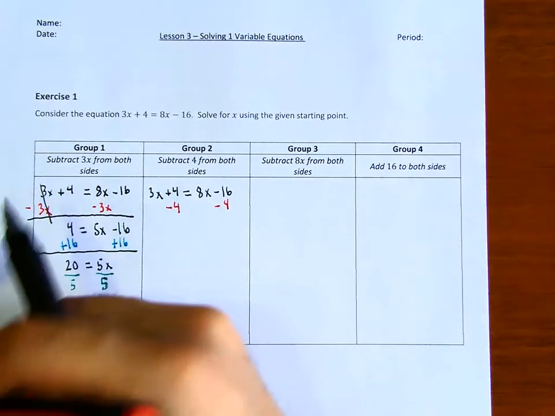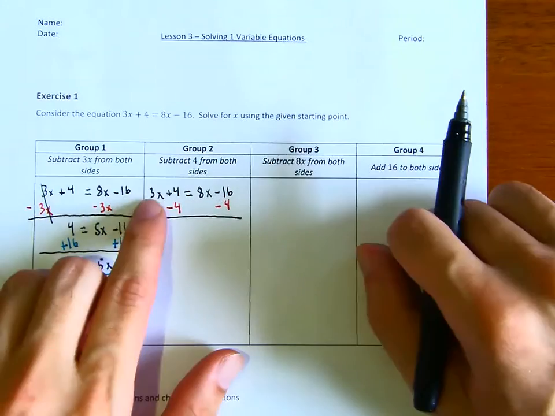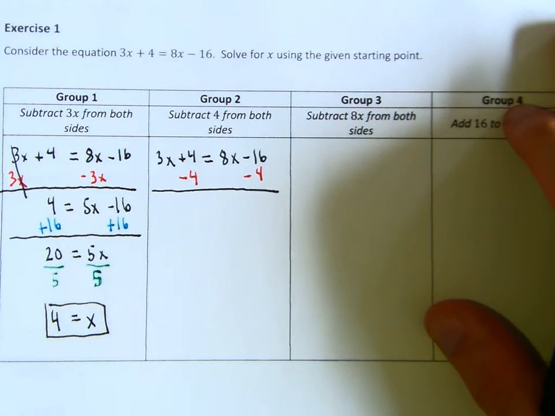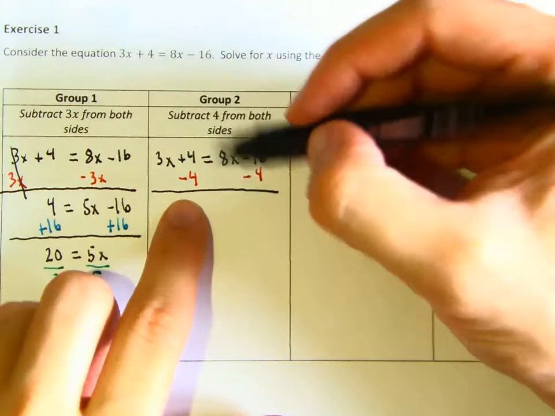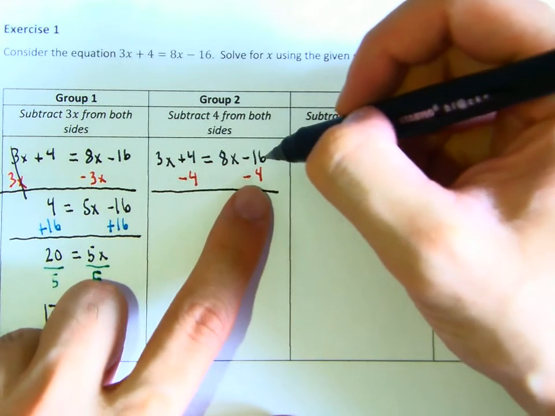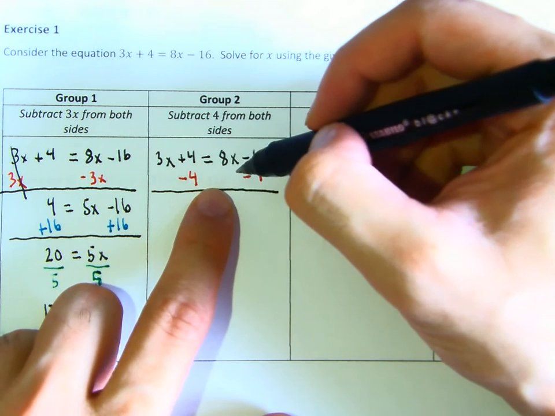Notice when we subtract 4 on both sides, I'm consistent. Let me zoom in a little bit more. I put the negative 4 under the constant, under this 16 that has no variable. I wouldn't put the minus 4 under the 8x.